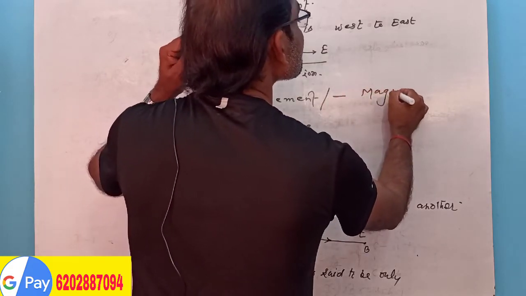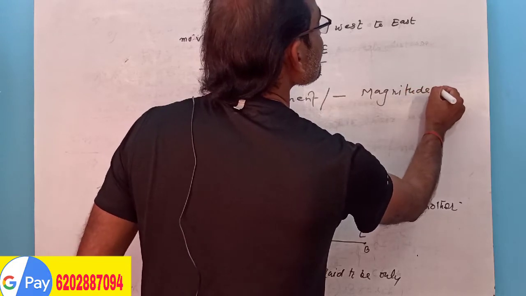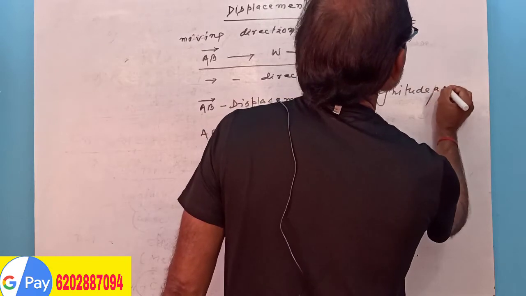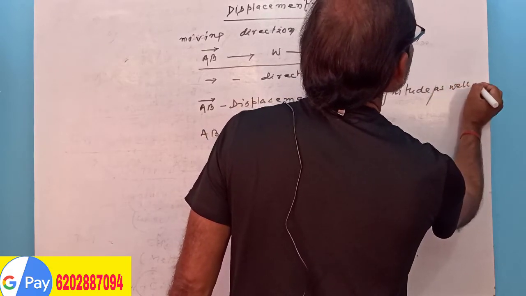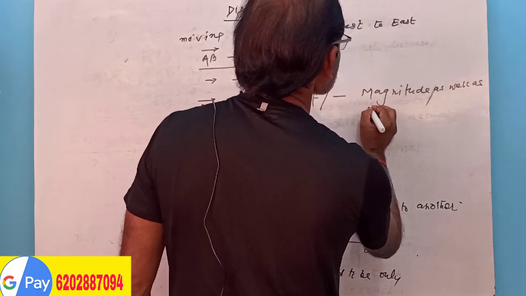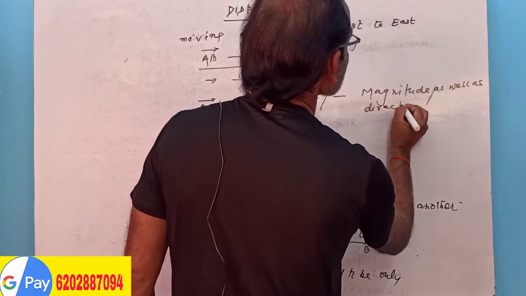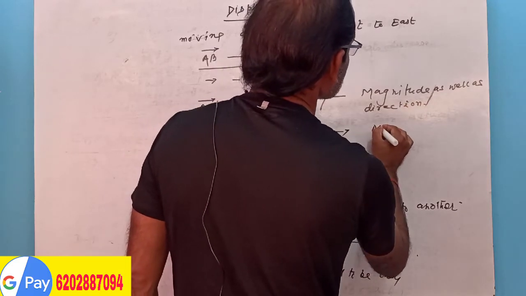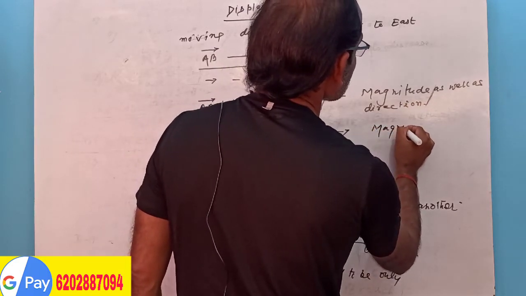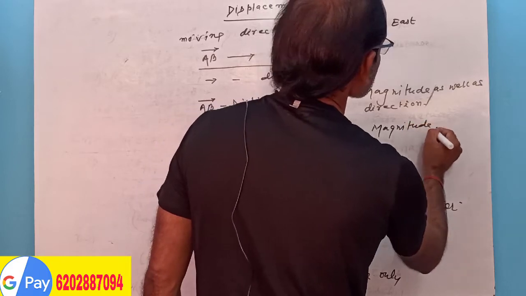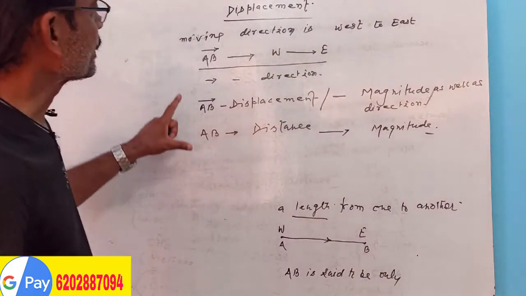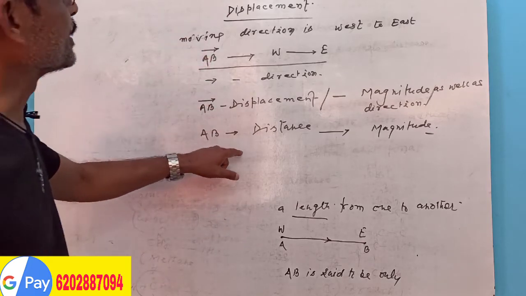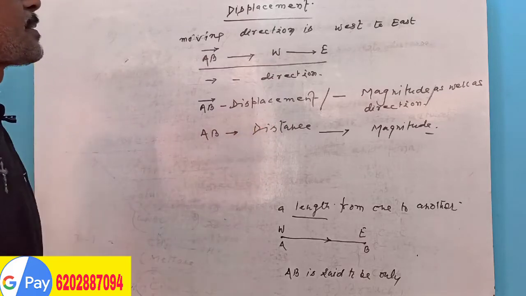Magnitude as well as direction, it has only magnitude. These are the differences between displacement and distance.